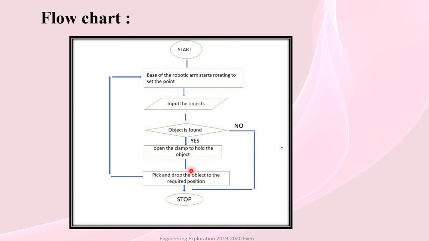And the next function would be picking and dropping of the object to the required position and terminate. And if the objects are in sequence, the condition goes back to this condition and the loop continues. And if the object found is not true, the condition simply comes here and terminates.